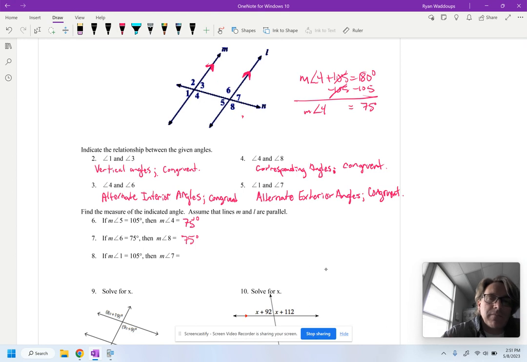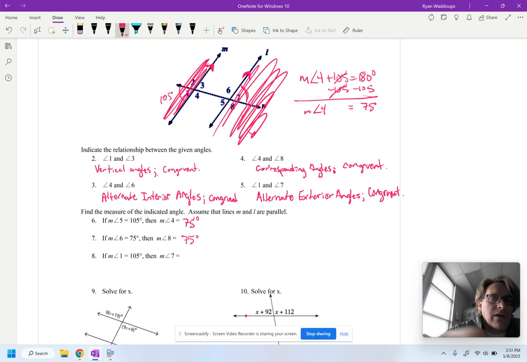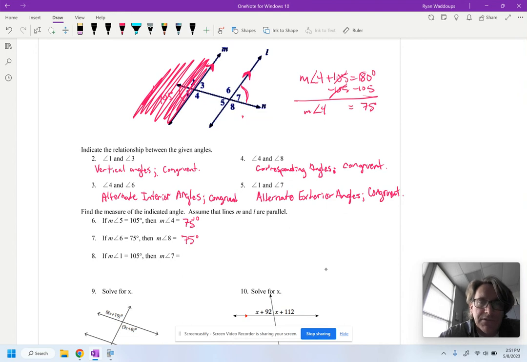So let's go over here. The measure of angle 1 is 105 degrees. What would be the measure of angle 7? Well, 1 and 7 are both on the outside of the parallel lines, which means they're exterior angles. And one's on the bottom, one's on the top.